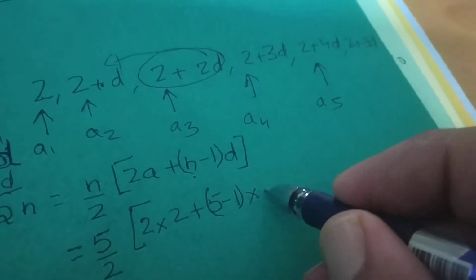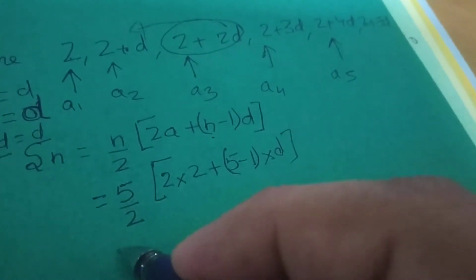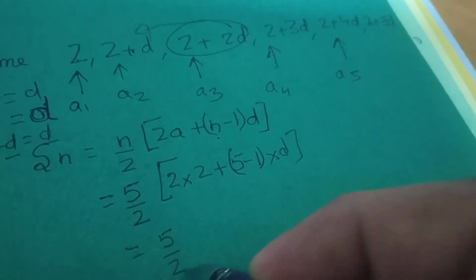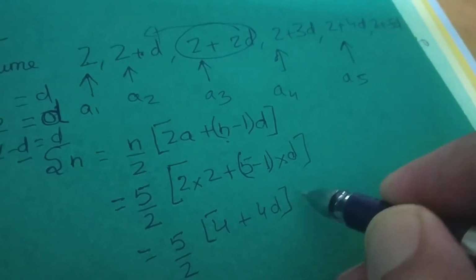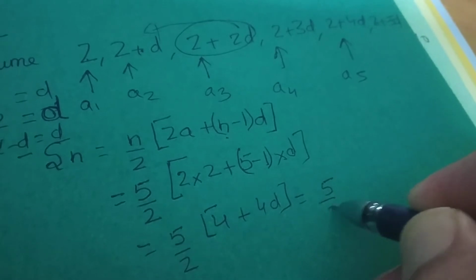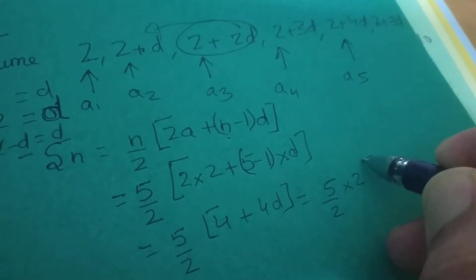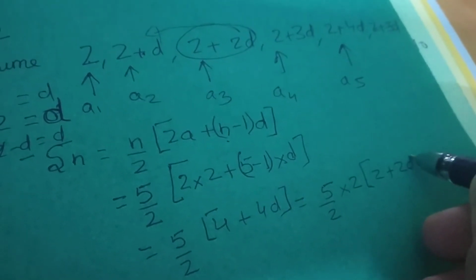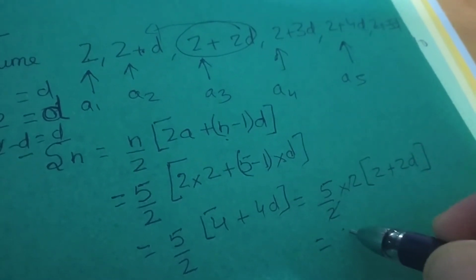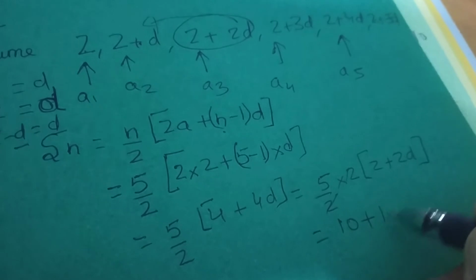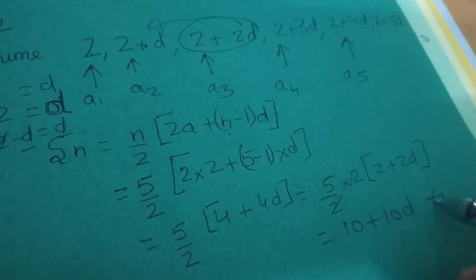So this is into d. So this is equal to 5 by 2 into 4 plus 4d. If you take 2 common, 5 by 2 into 2 plus 2d, the 2 gets cancelled, so 10 plus 10d. So this is the first equation.